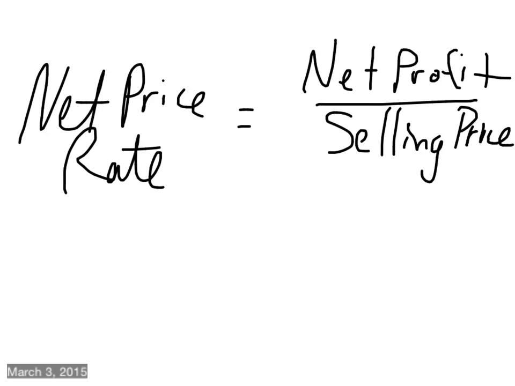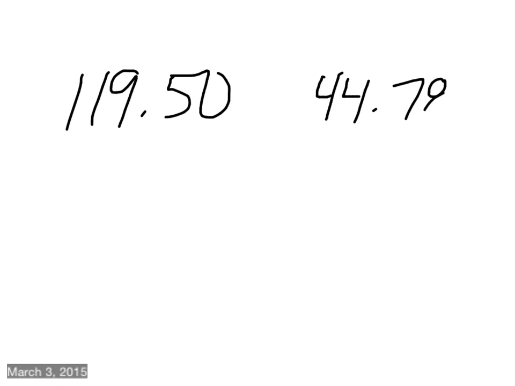Okay, on page 526, number 1 says the selling price is $119.50. The cost is $44.78. The overhead expense is 40% of the selling price. All this information is the stuff that we had yesterday. So the first thing we need to do is find the net profit like we did yesterday.